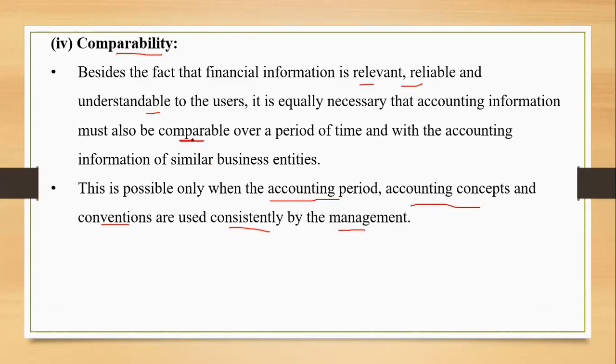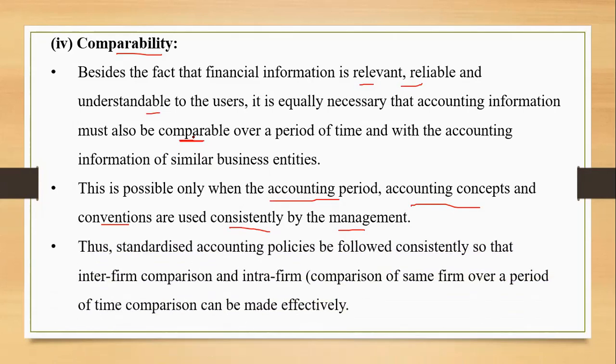Your accounting information is comparable only when the accounting policies and the concepts are followed consistently, so that the inter-firm and intra-firm comparison can be made effectively. अगर comparison करना है तो आपके जो भी accounting policies हैं वो आपको consistently follow करने पड़ेंगे. That is the point over here.